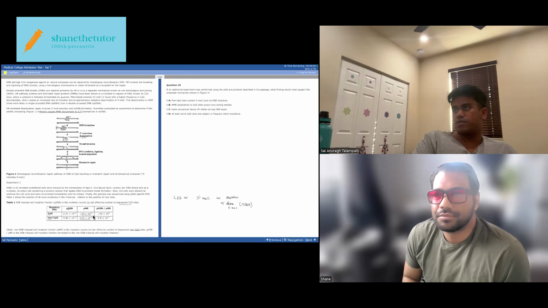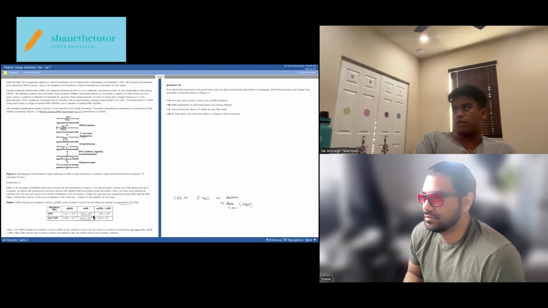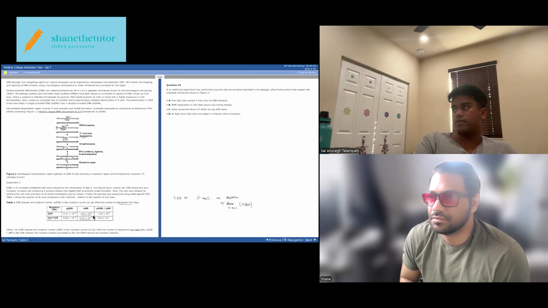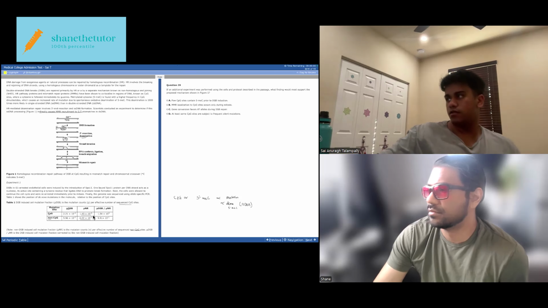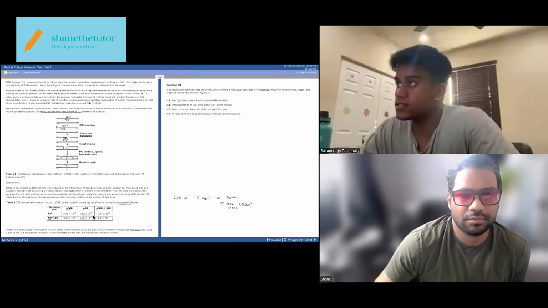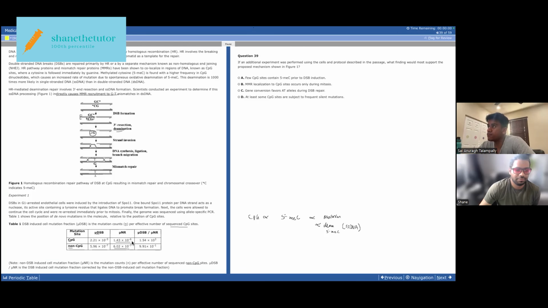If an additional experiment was performed using the cells and protocol described in the passage, what finding would most support the proposed mechanism shown in figure one? A: few CpG sites contain 5-methylcytosine prior to DSB induction.